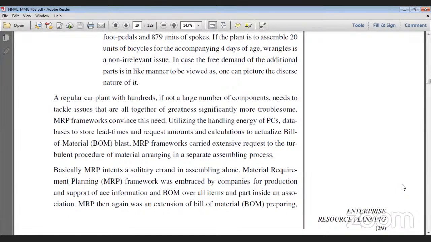MRP then was the extension of bill of material processing. Then we shall stop here because the next subject is MMG 404, that is service operations management. We shall stop here.